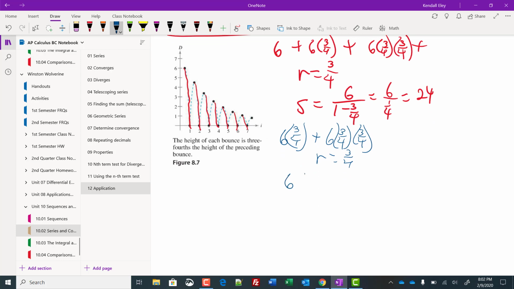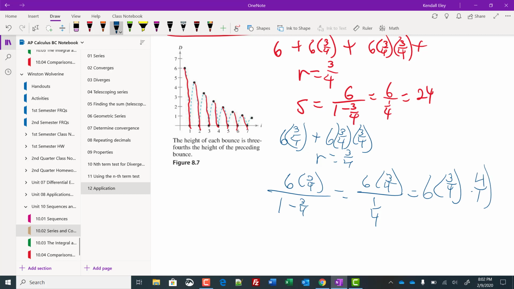Our sum is 6 times 3/4 divided by 1 minus 3/4, which becomes 6 times 3/4 divided by 1/4, which becomes 6 times 3/4 times 4 over 1, and we can cancel the 4's and get 18. So while the ball bounced downward 24 feet, it bounced upward 18 feet for a total of 42 feet.